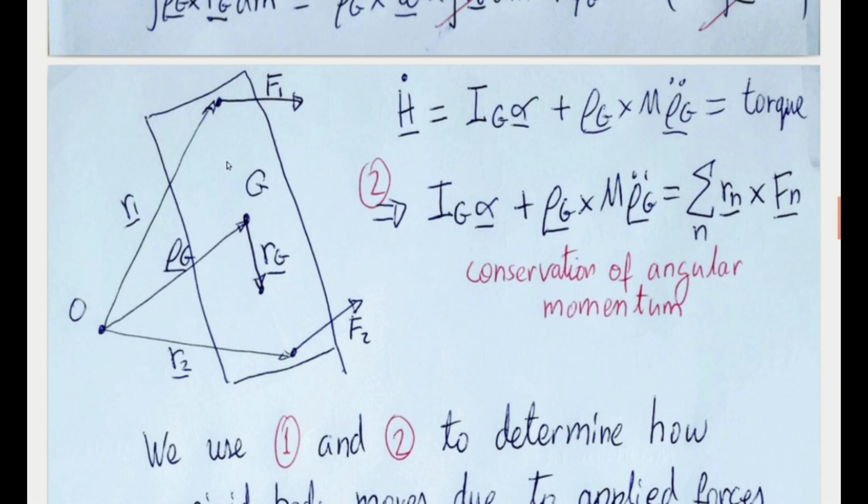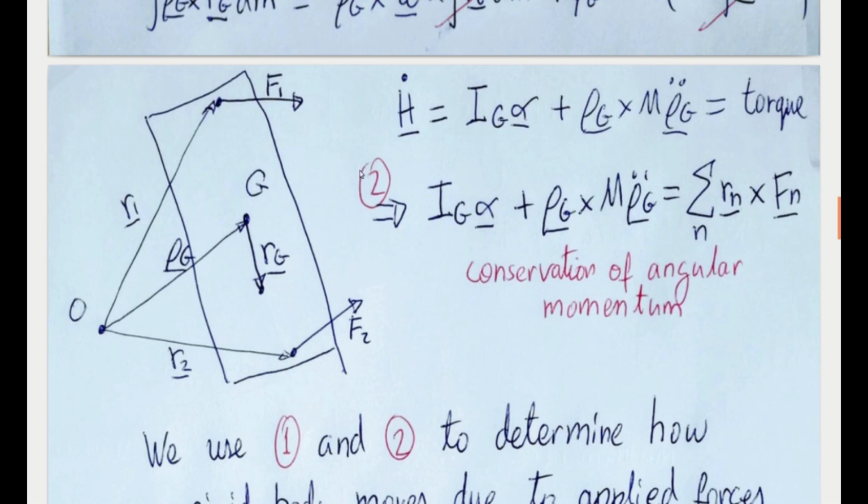So let's go to the diagram here on the left. R1 goes from the origin to the point where the force F1 is, and R2 is from the origin to the point where the force F2 is, and that's how you calculate the total torque around O.